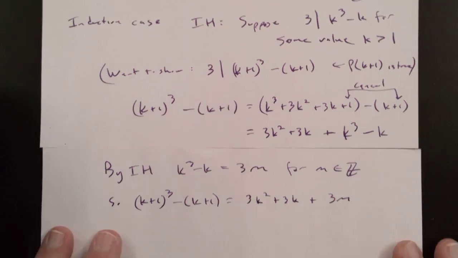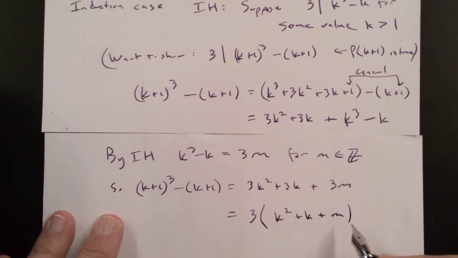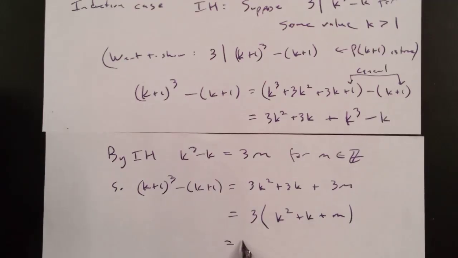And lo and behold, that is 3 times some integer, because k was an integer, and m is an integer, and therefore k squared is an integer, and when you add integers, you stay in integers.